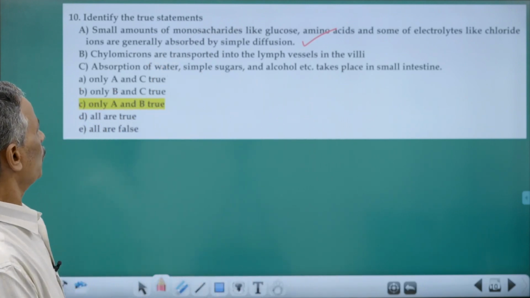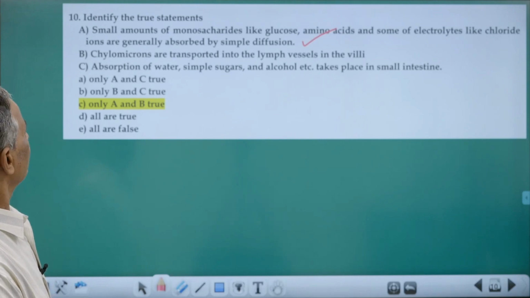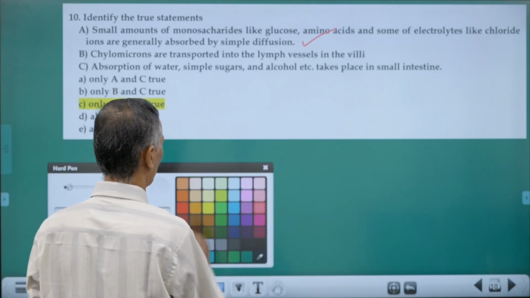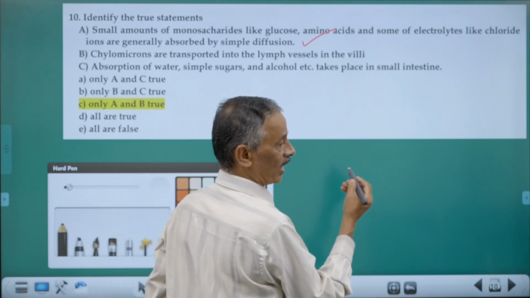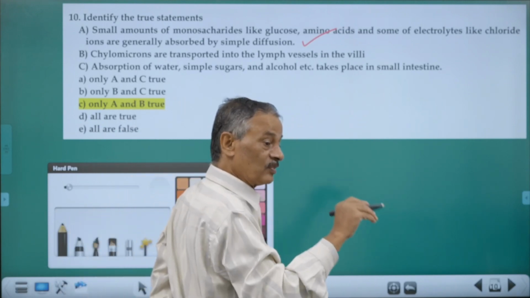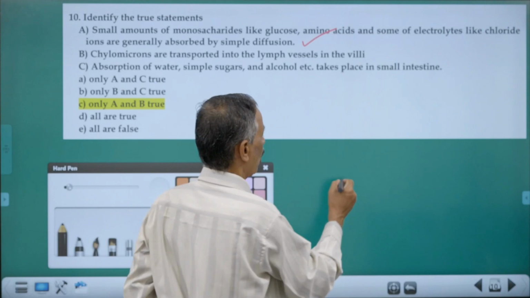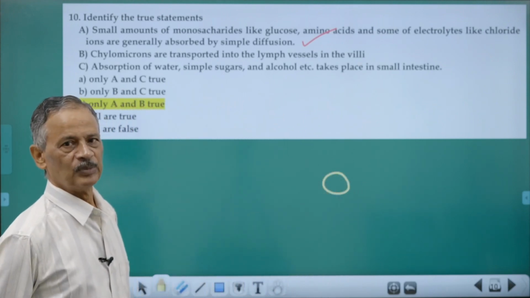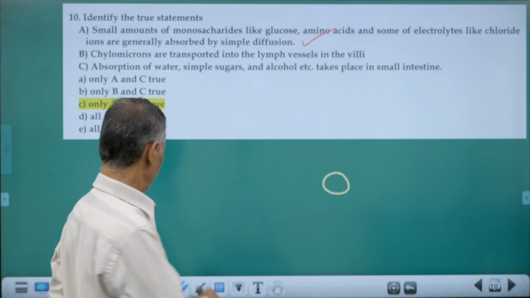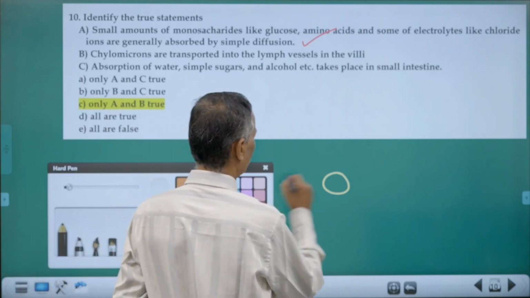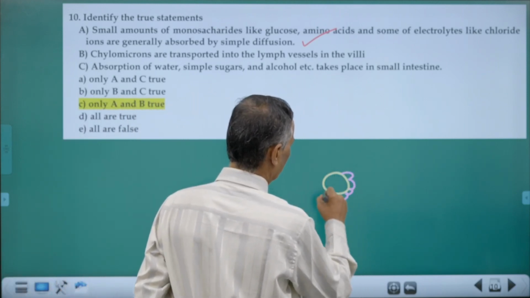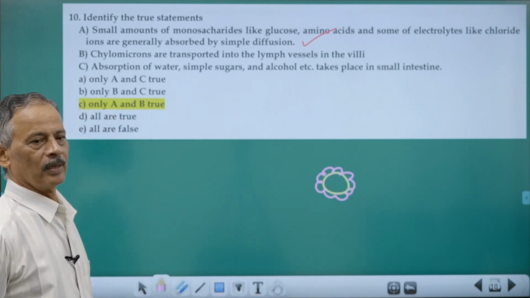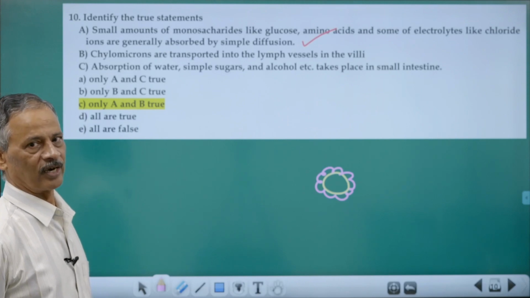Chylomicrons are transported into lymph vessels in the villi. What are chylomicrons? After absorption, the fatty acid and glycerol are rejoining to form large molecules of triglycerides. These triglycerides are then covered with a coating of beta protein. Thus, it becomes miscible with water.